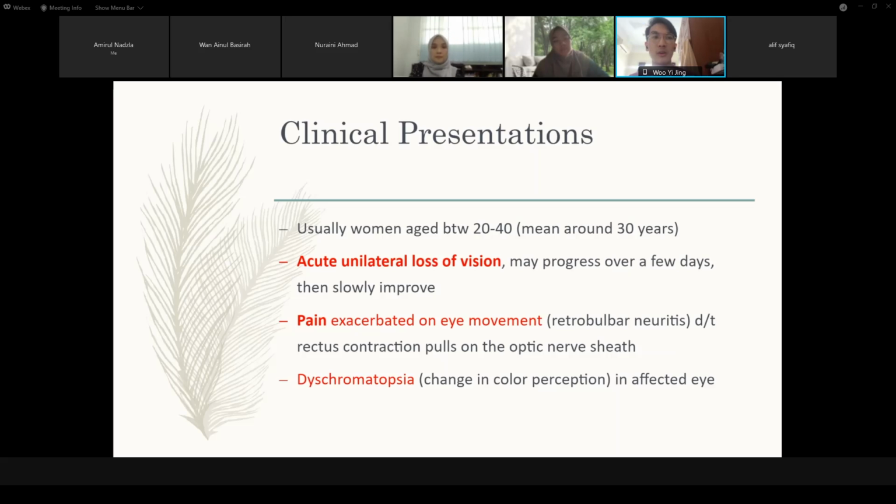It will progress over a few days and then slowly improve. The pain will also be exacerbated on eye movement, especially in retrobulbar neuritis, because the rectus muscles of the eye will contract and pull on the optic nerve sheath. The next one will be a change of color perception. Medically, this is called dyschromatopsia in the affected eye.